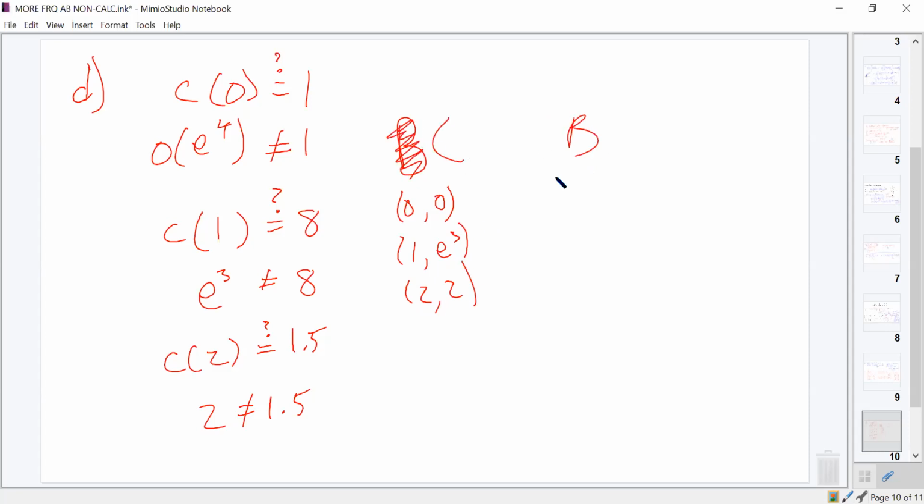And he went from 0, 1 to 1, 8 to 2, 1.5. And so if we're looking at all of those, she started at 0, he started at 1, he went up to 8, and she went to e cubed. So she's gone past 8 on that interval, and he has only gone up to 8.